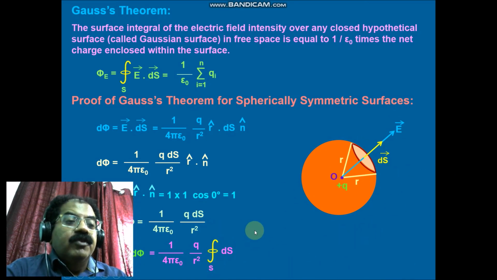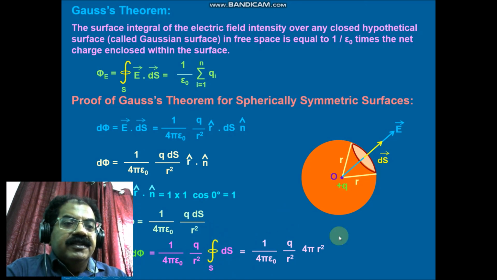If I integrate the small surface ds, I get 4 pi R square. What is 4 pi R square? It is the total surface area of the sphere.